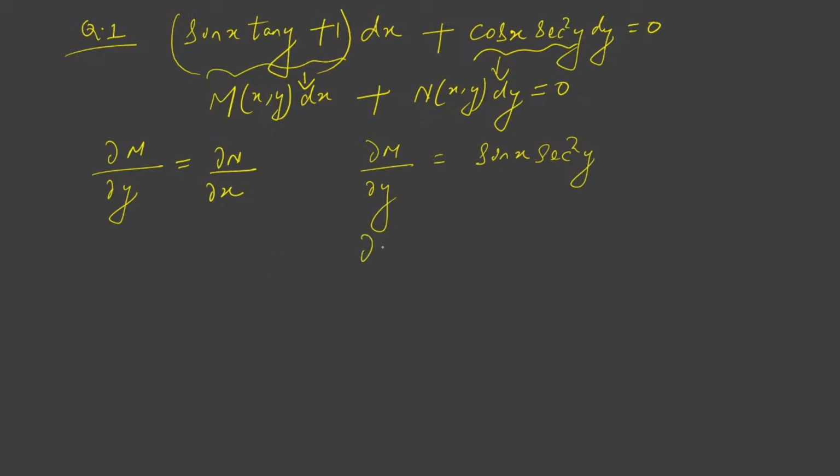Similarly, what is ∂N/∂x? The differentiation of cos x gives minus sin x into sec² y, where sec² y is a constant. So is it an exact differential equation? No, because this is equal to minus this, so this is a non-exact equation.